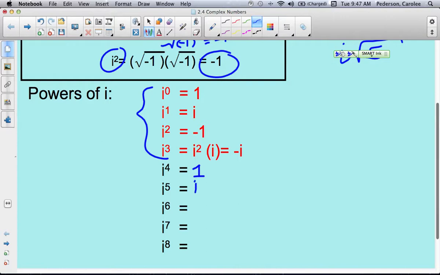And then i to the 6th is -1. i to the 7th, -i, and now it repeats the pattern again. One.